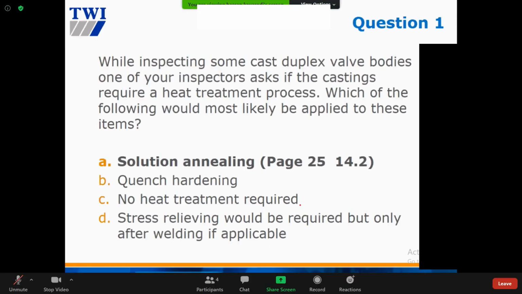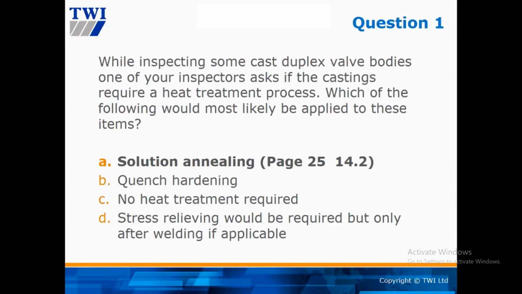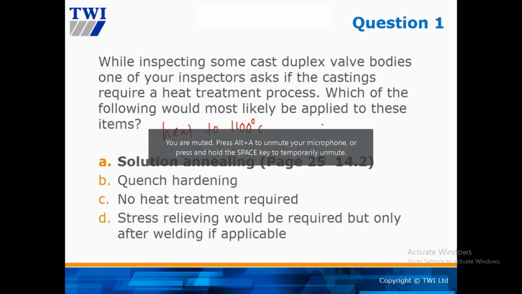So basically, what is solution annealing? Solution annealing is talking about heating the material, for example, this stainless steel or duplex stainless, to 1100 degrees C, then quench.